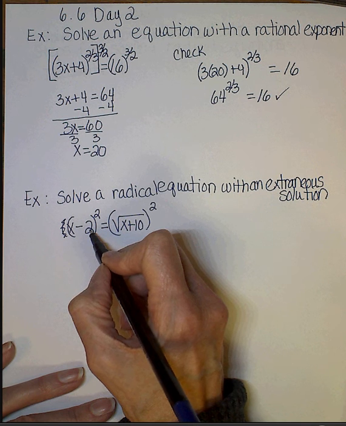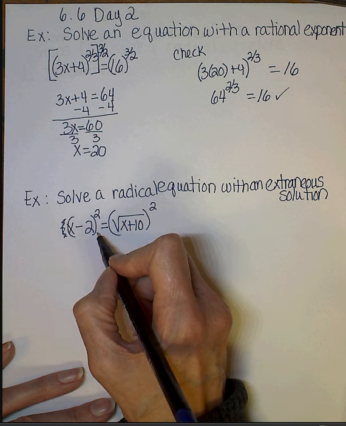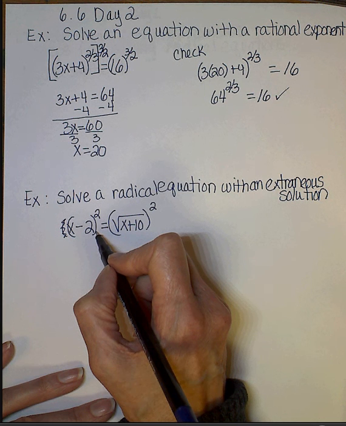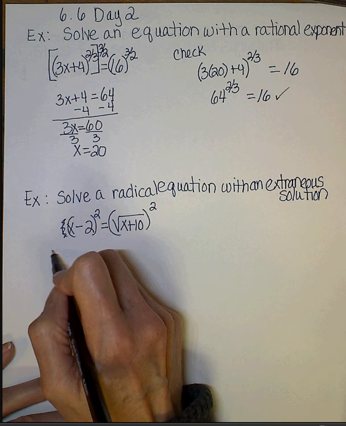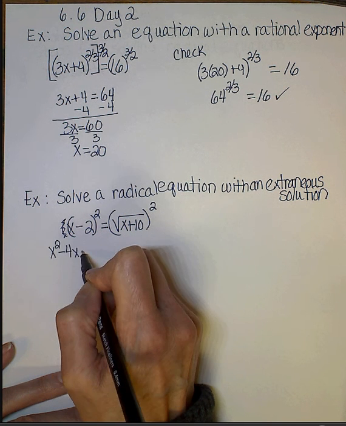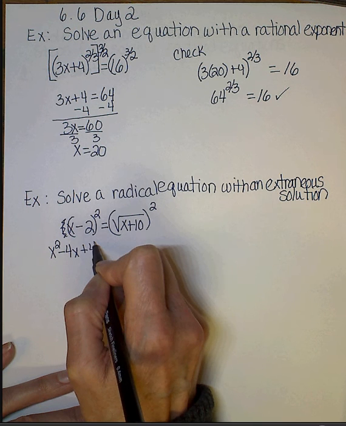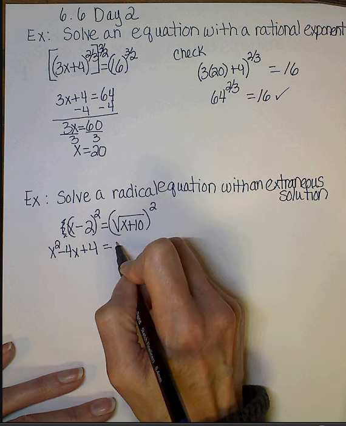Now remember, when you square this, you need to multiply it out with the distributive property or use the shortcut. And it has 3 terms. So when I square that, that's what it would equal. And then on this side, when I square that, I just get rid of the radical.